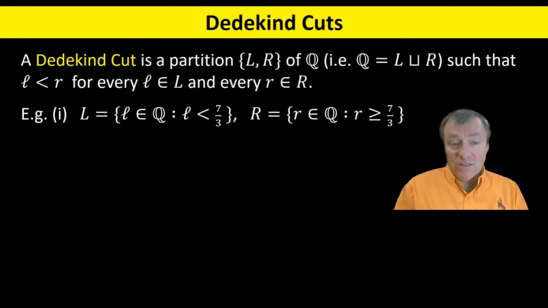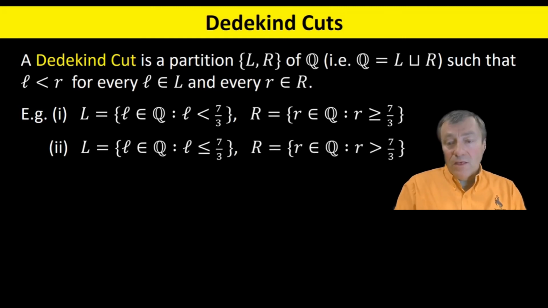We partition the rationals into these two subsets, L and R, where you can see every element of L is less than every element of R. L and R stand for the left and right set of the partition. And this is another example of a Dedekind cut, just a slight variant of the first example. Some books will define Dedekind cuts in a slightly different way, but don't worry too much.